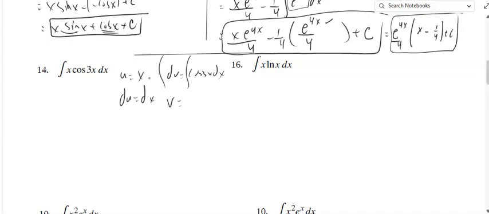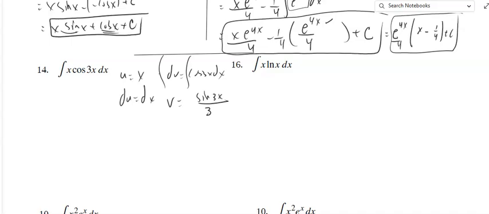Integrate. What do I take a derivative of to get cosine? Sine. If I was taking the derivative of sine, that would be the cosine of 3x times 3. Whenever you're integrating, to undo multiplication, you divide.